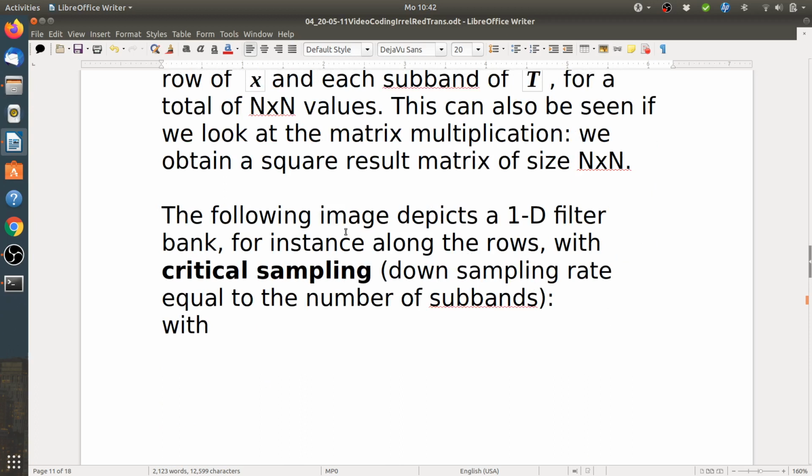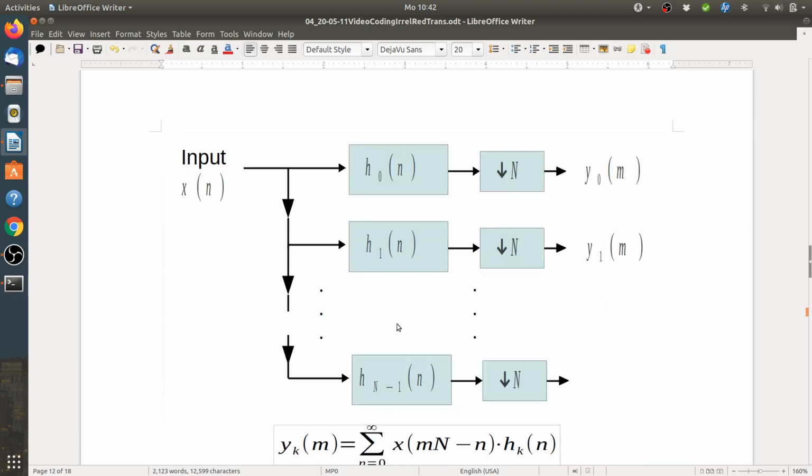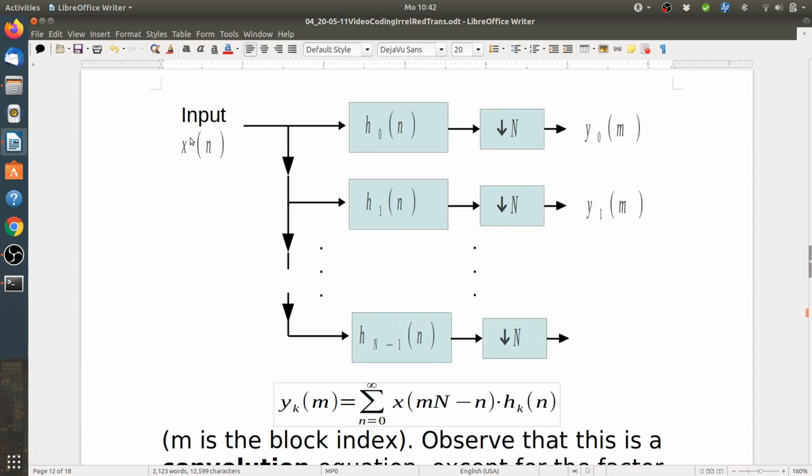Yeah, so the following image depicts a 1D filter bank, for instance along the rows with critical sampling or downsampling rate equal to the number of subbands. So this is the diagram. So here you can see the input, and the input is delivered to n parallel filters.